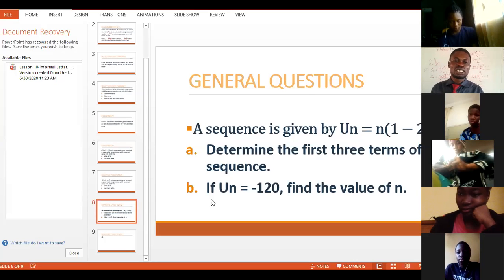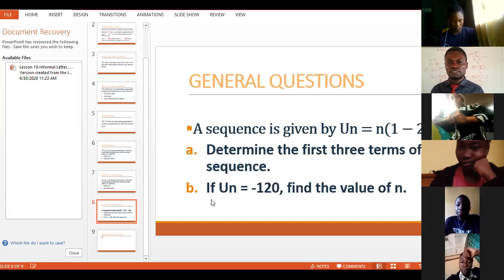Nothing has changed. Just replace Tn with Un. It's as simple as that. So what you have here now is Un is equal to minus 120. So in the formula they have given you here, anywhere you see Un, put minus 120 and then find the value of n.